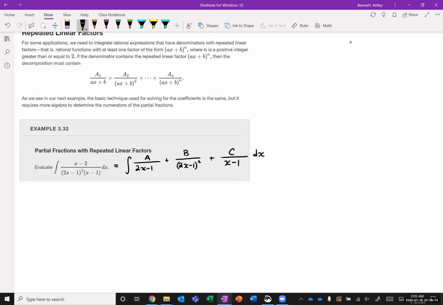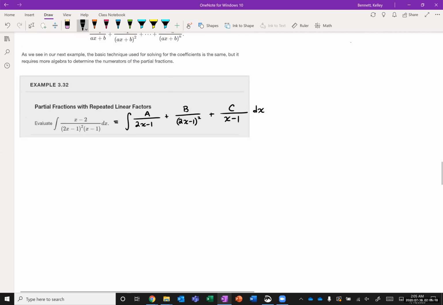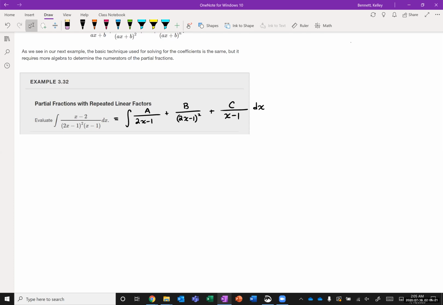So now it just remains to go through and figure out what a, b, and c are. Same process as before. In this case, you're going to see that we don't have all the killer x's that we need. And actually, all right, put a pause on that. So I've got x minus 2 over 2x minus 1 squared by x minus 1.